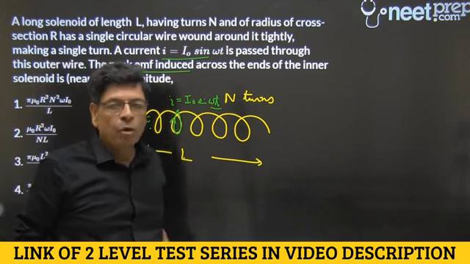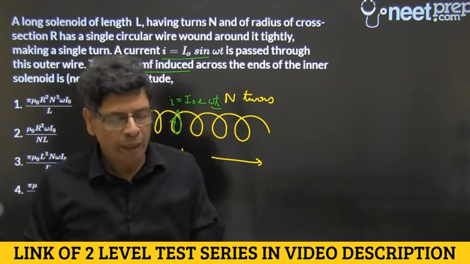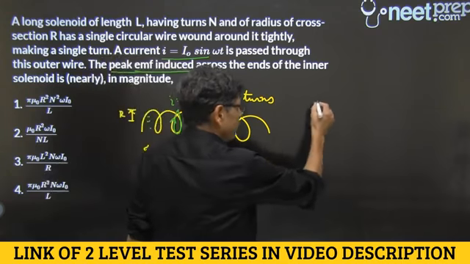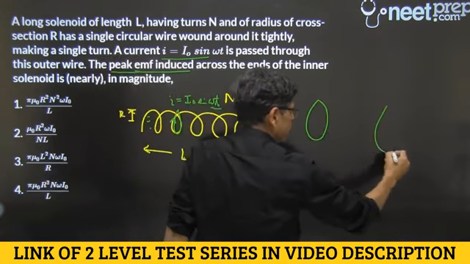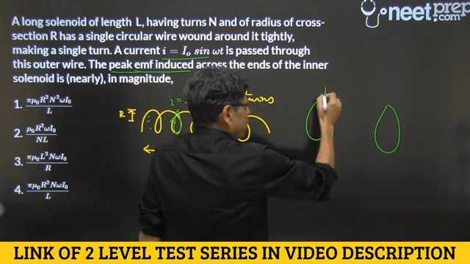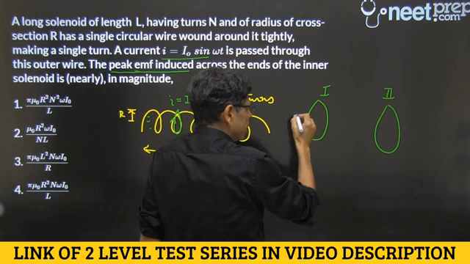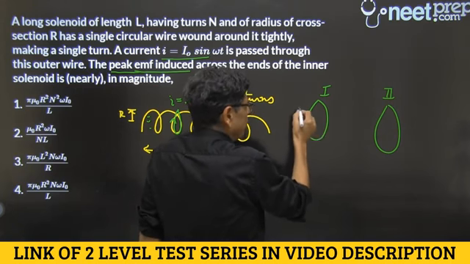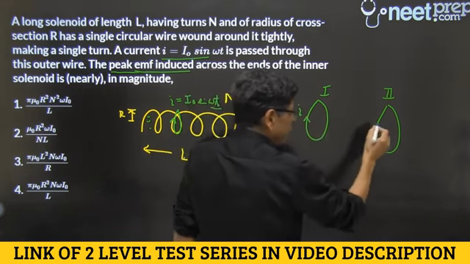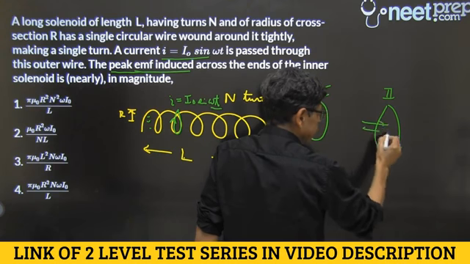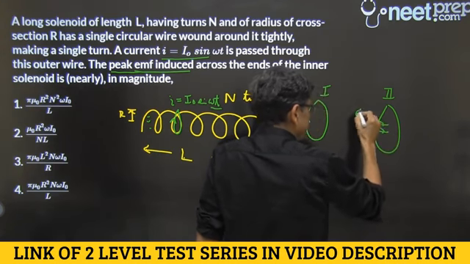Why so? Because this is the concept of mutual inductance. So here is the concept. If you have got two coils, call this coil 1 and coil 2. If you pass a current I through this, there will be some flux through this. Call it phi.